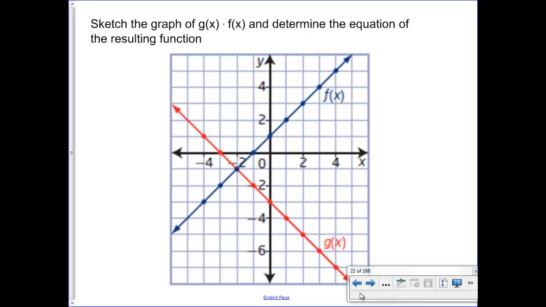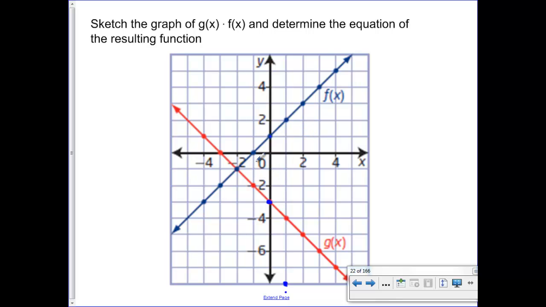Okay, let's do the same one here. Let's times these by each other instead. So skip ahead here. Just do it point by point. What is 1 times -3 going to give you? Okay, so it stays there. 2 times -4. Okay, I'm running out of room already.